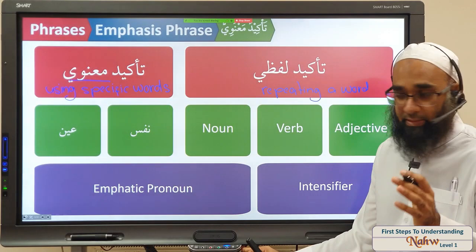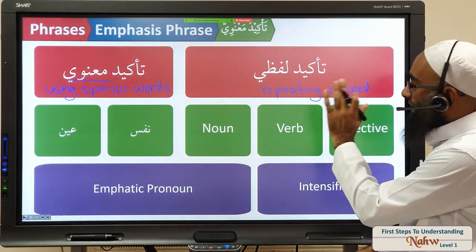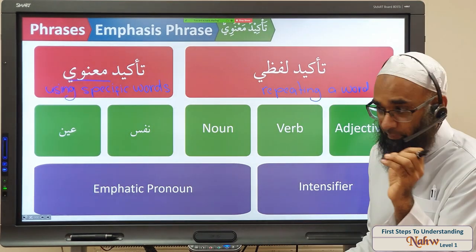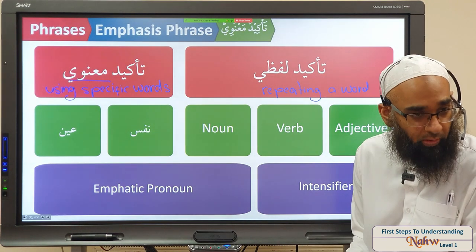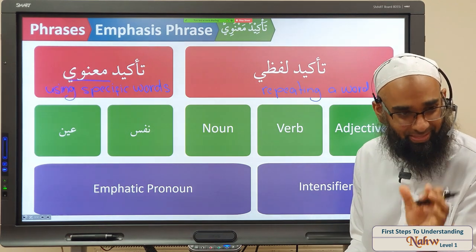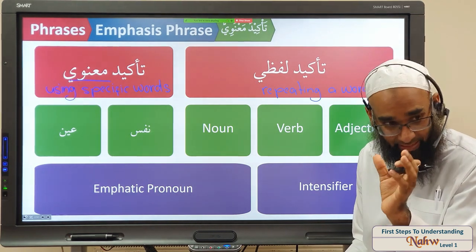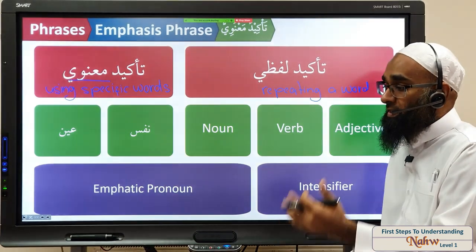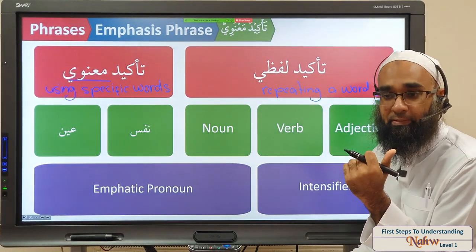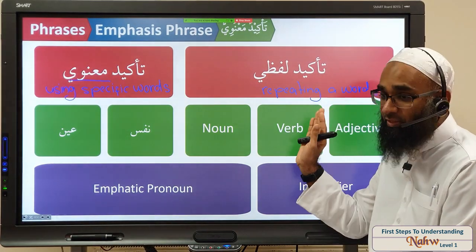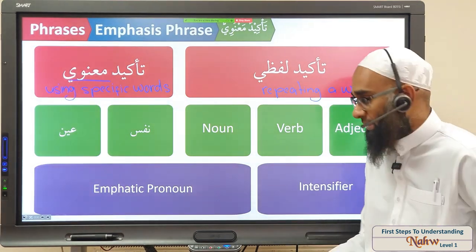So what we're saying here is ta'keed lafzi is when you repeat a single word, and ta'keed ma'nawi is when you have special words to create ta'keed meaning. So if you have ta'keed lafzi, you repeat a word, it can have different meanings.